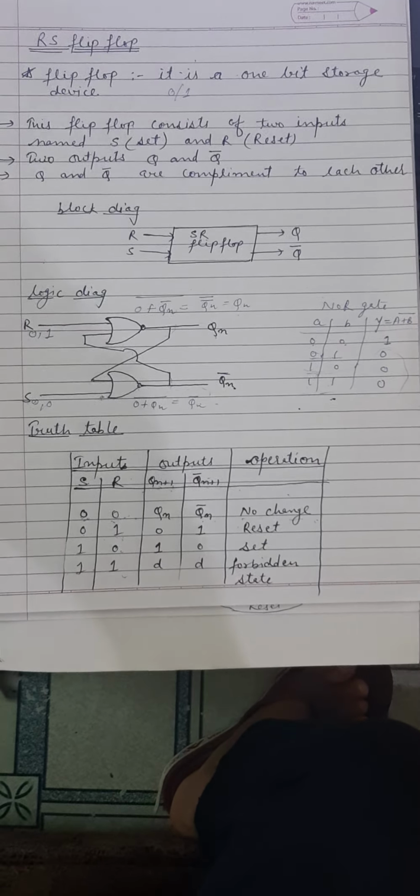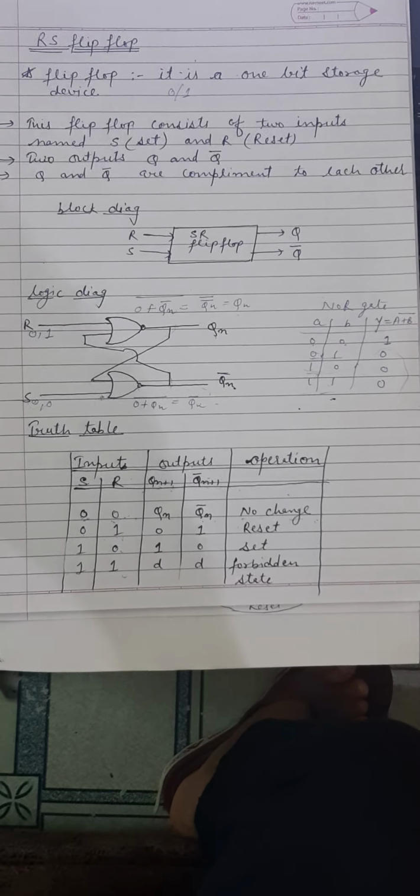Now the last one, when S is equal to 1 and R is equal to 1. As we can see in the NOR gate truth table, when one of the inputs is equal to 1, the output must be 0. Here in this NOR gate, one of the inputs is equal to 1, so the output must be 0, and in this NOR gate also the output must be 0.